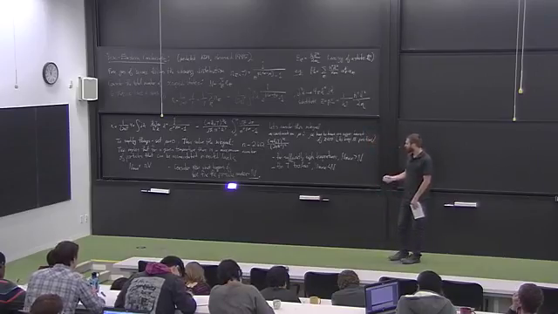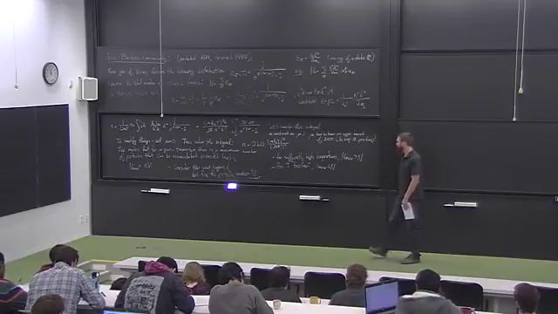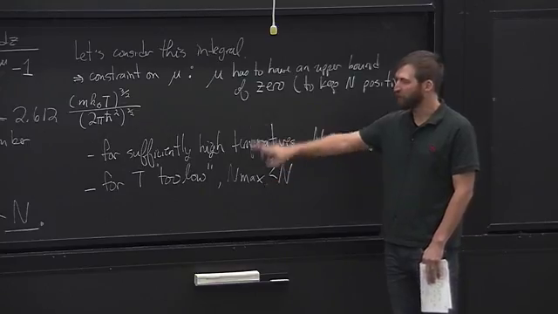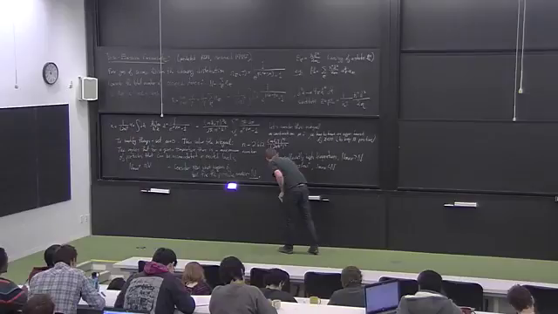So for T too low, for insufficiently low temperatures, if you will, that maximum number of particles that can be accounted for by the distribution is less than n. So what happens to the rest of the particles in this case?